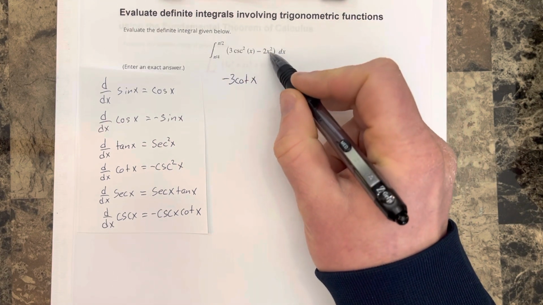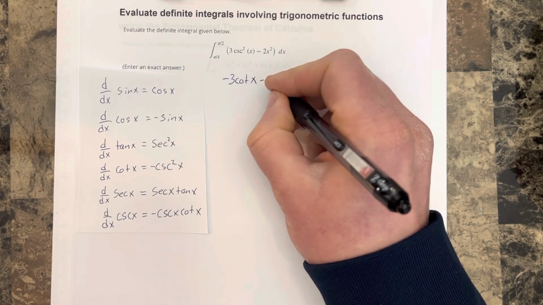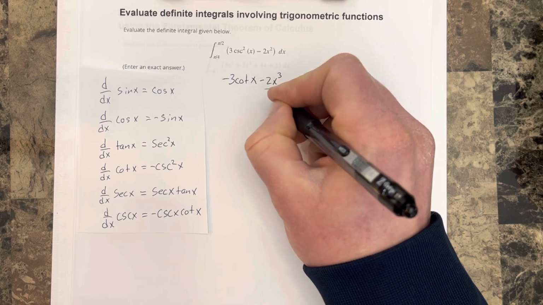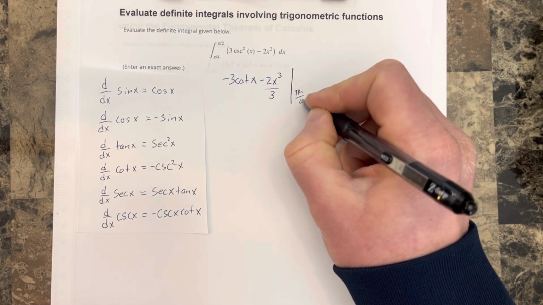When I take the antiderivative of 2x squared, I get minus 2x cubed over 3. And I'm going to evaluate that from pi over 4 to pi over 2.